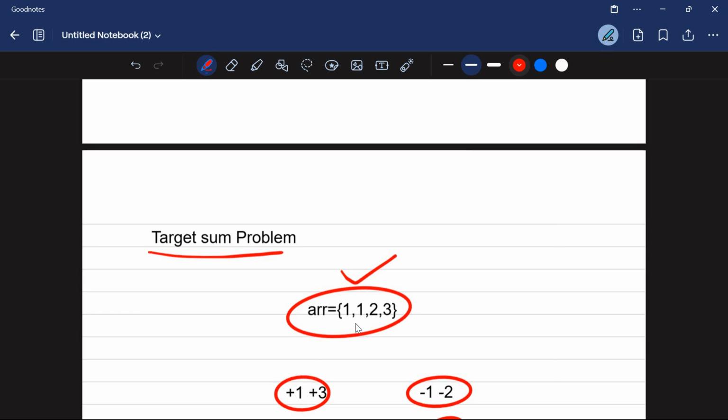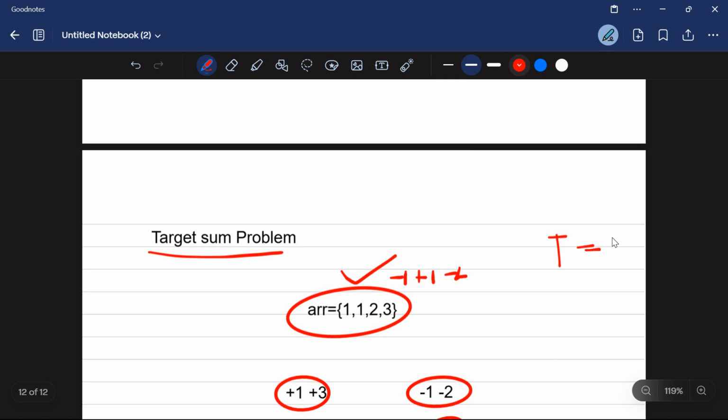If I take only one expression, if I take here 1 plus 3, okay, I can take now minus 1 plus 1 minus 2, and this is the array and the target is 1. C is equal to 1.